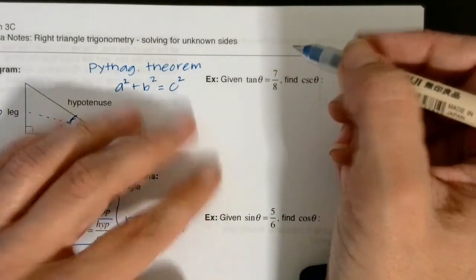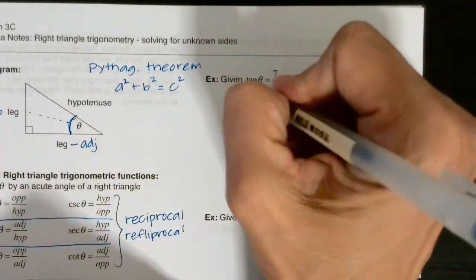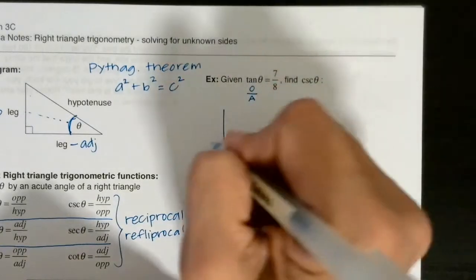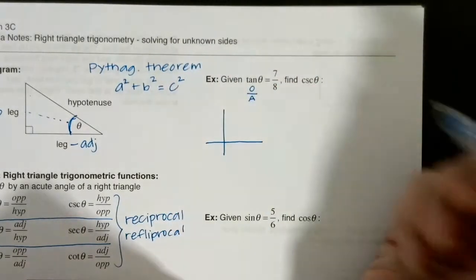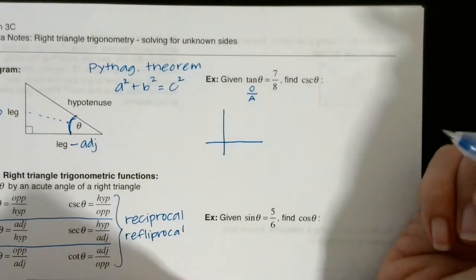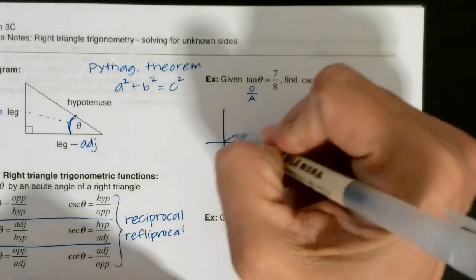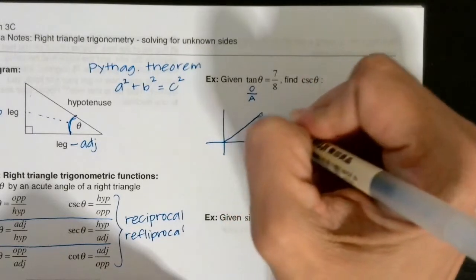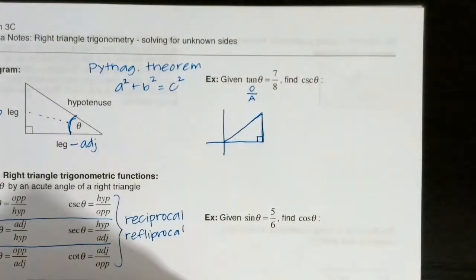So let's set this up real quick. Tangent is opposite over adjacent. So I'm just going to draw what looks like an XY axis, because I'm going to draw a triangle on here. We're going to be using this in the future, so I'm making a right triangle using that.